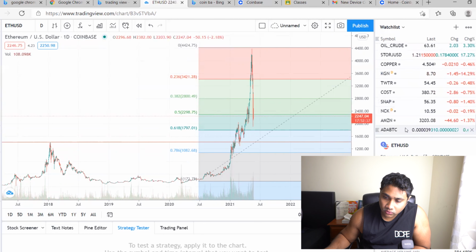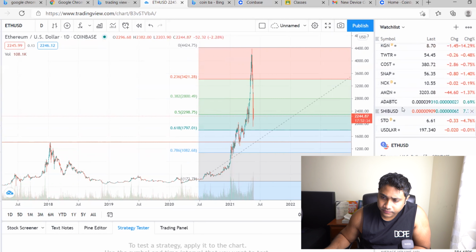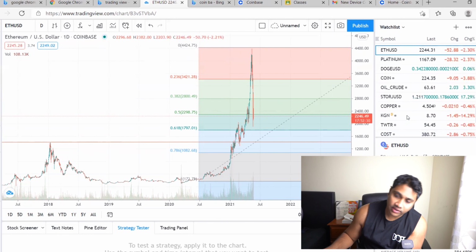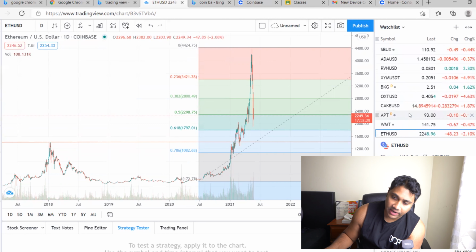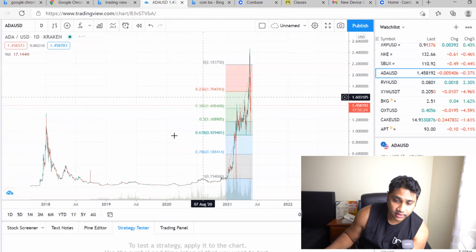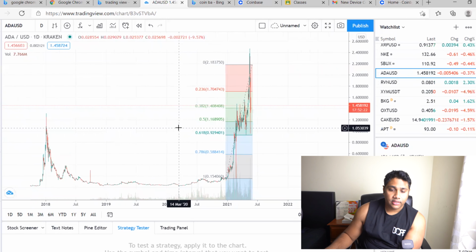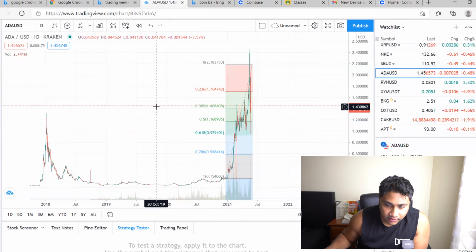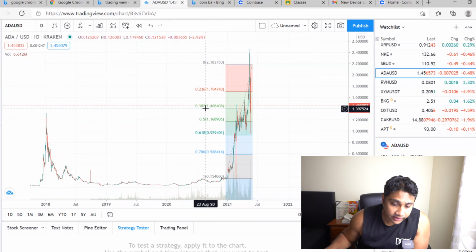Which is Cardano. Now, I do have two charts: ADA versus Bitcoin, and then the ADA versus USD chart. So we'll look at the ADA versus USD chart. Again, similar story. The 0.5 level in ADA's case is 0.3, which is the sweet spot.